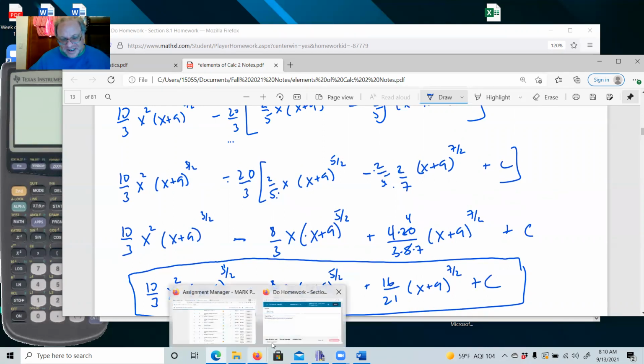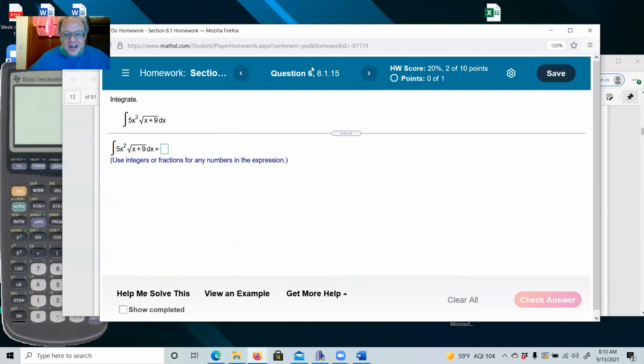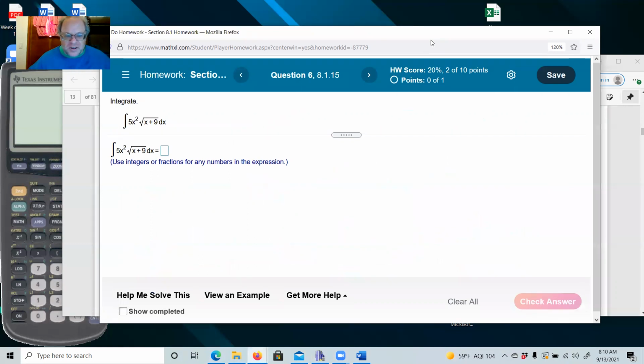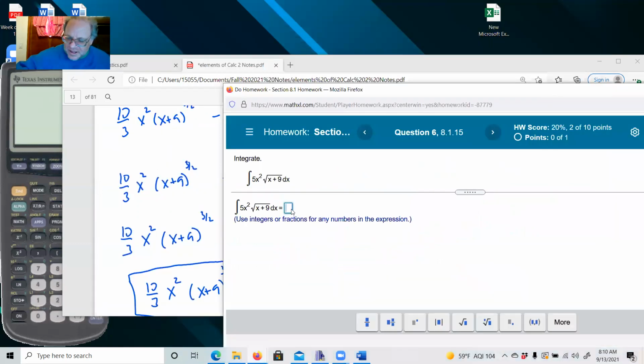All right, and from there, let's see. Integers are fractions for any numbers. So what do we have here? We have 10 thirds x squared times (x plus 9) raised to the 3 halves.